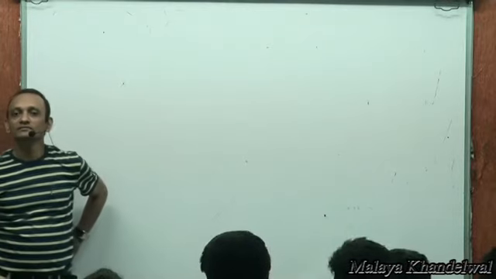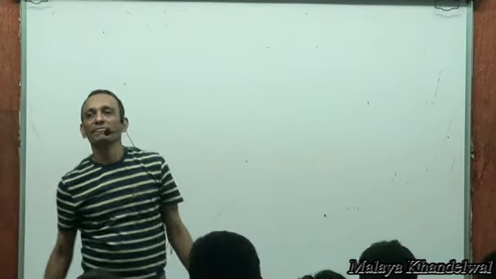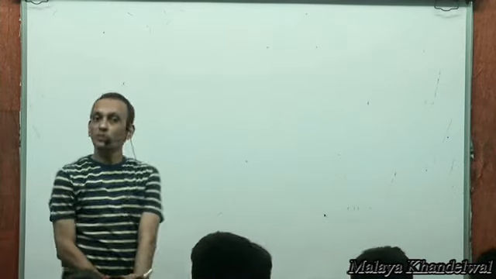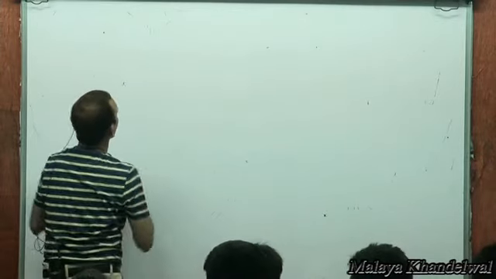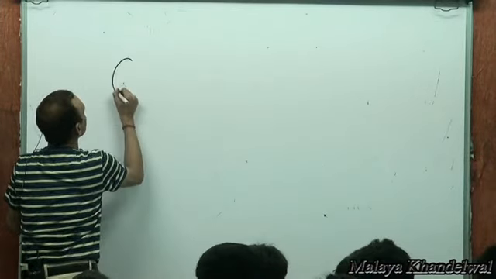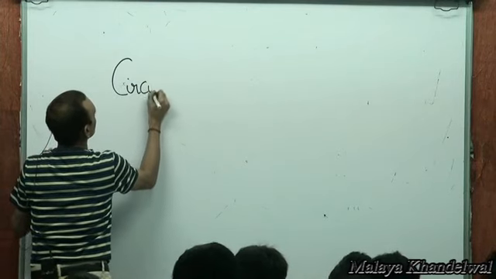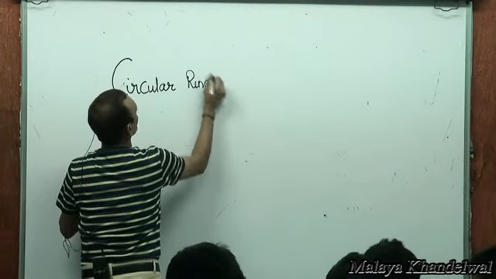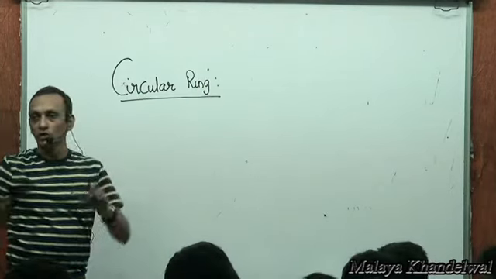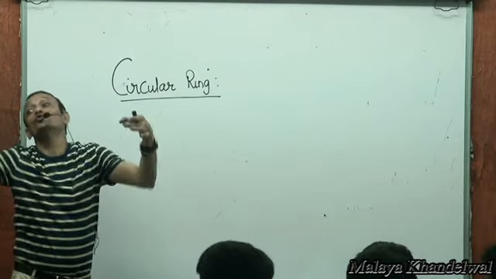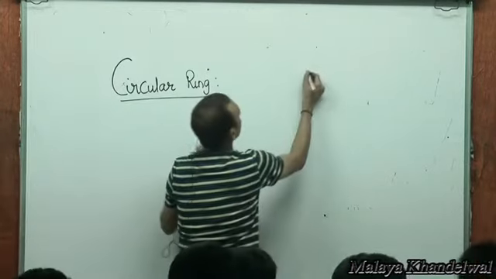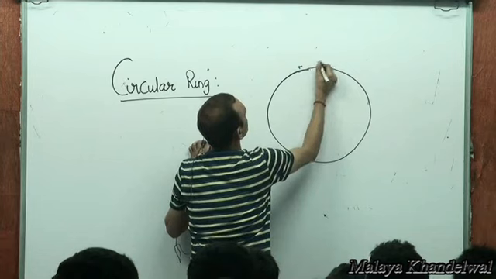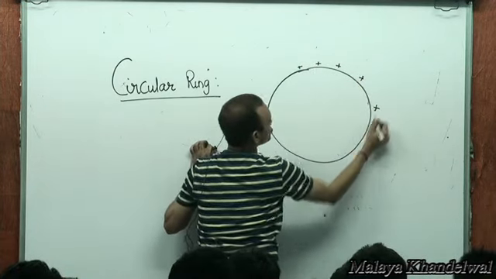Now, suppose there was a circular ring, and there was charge Q glued to this circular ring, uniformly glued to this circular ring. This is a circular ring, and there was charge glued to this circular ring.